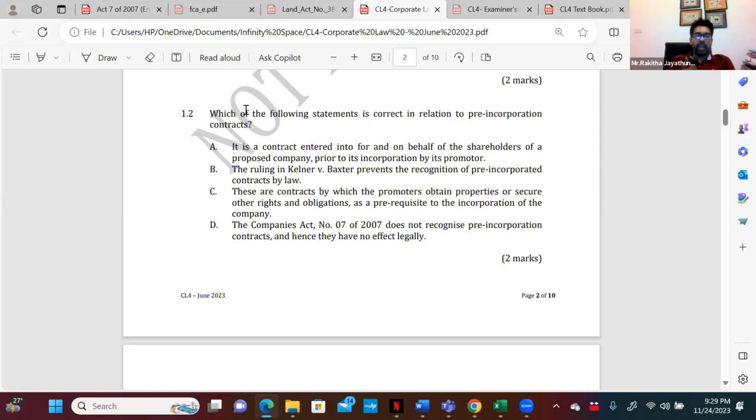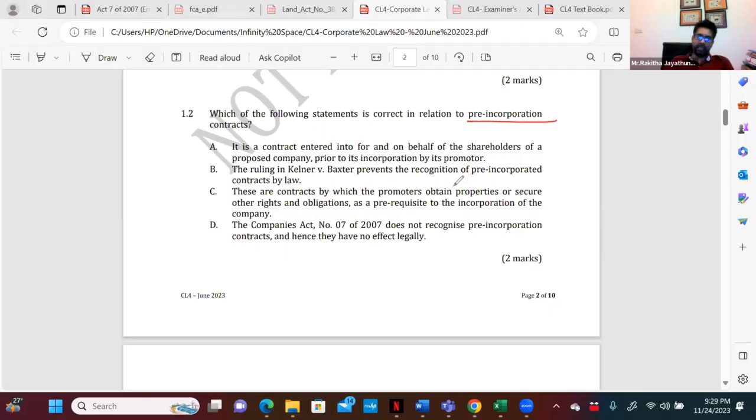So all those things you have to do before starting the company, before incorporating the company. So those transactions, those contracts that you enter into before incorporating the company, we call them pre-incorporation contracts.